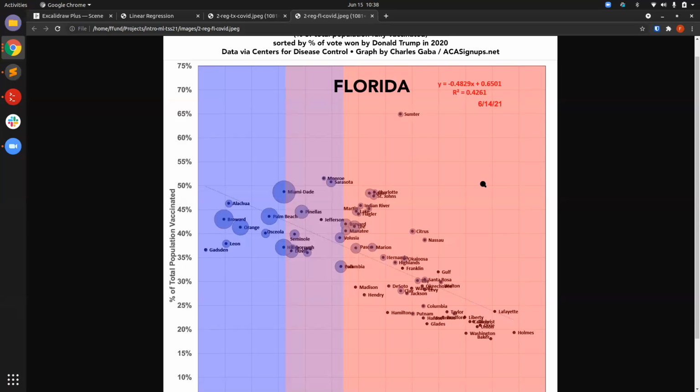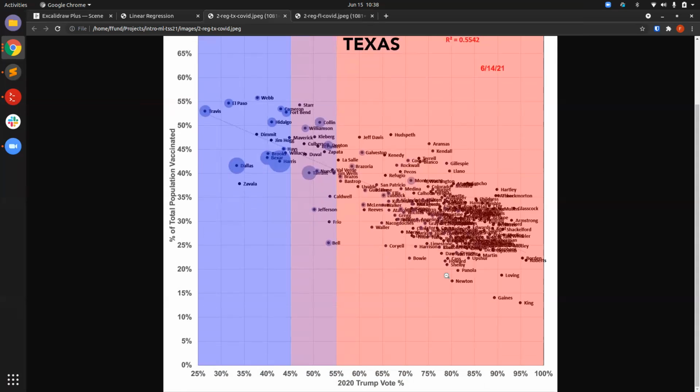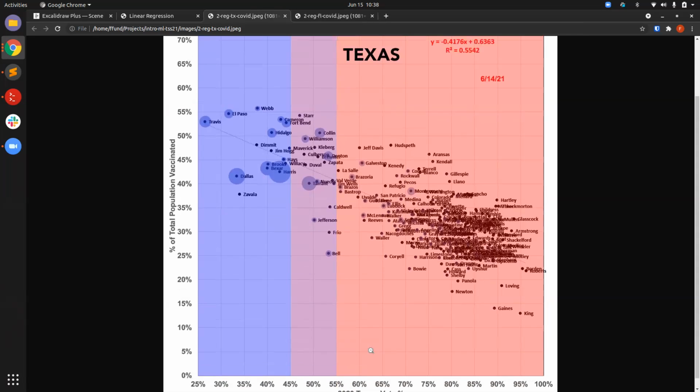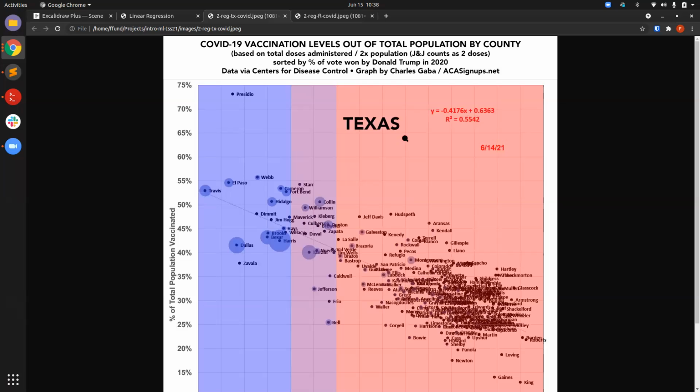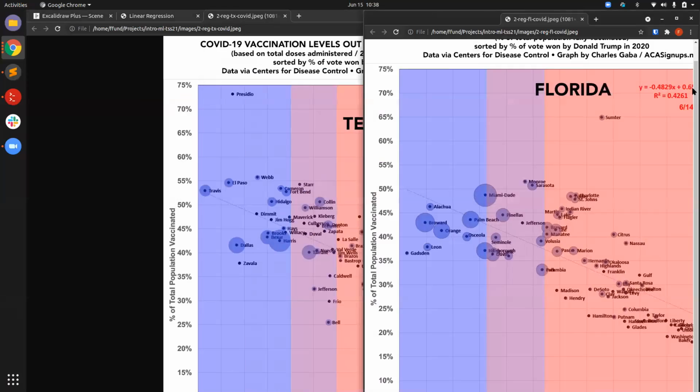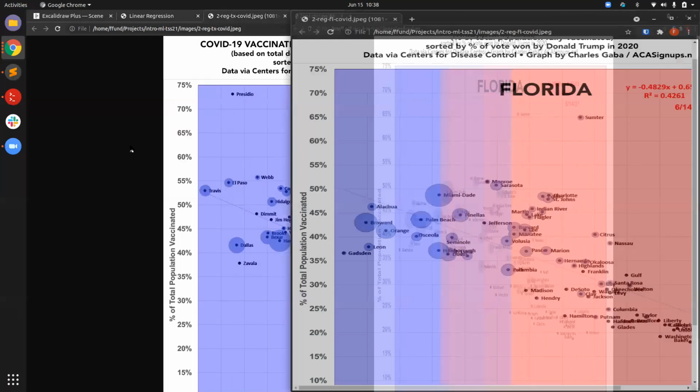Okay. Now, what does that tell us about the association? So we said that in Texas, a 1-point increase in vote share is associated with a 0.4176 decrease in population level. In Florida, is the decrease in population level associated with a 1-point increase in vote share bigger or smaller than in Texas? Let's put them side by side.